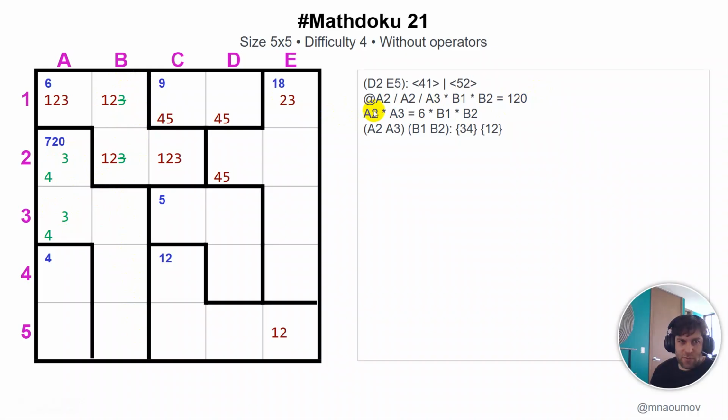From this we can deduce that the product of those two cells equals the product of these two cells multiplied by 6, which leaves us with only one possibility: it's 3 and 4, and this is 1 and 2. That's why we wrote it like that.